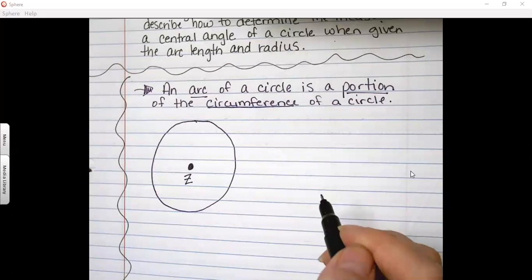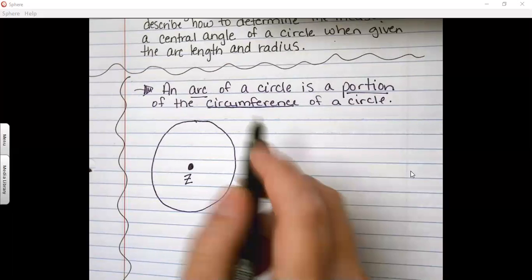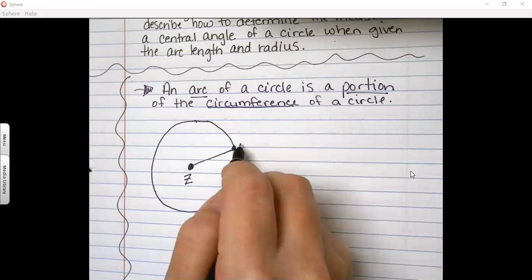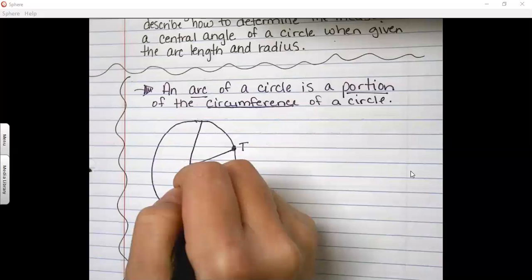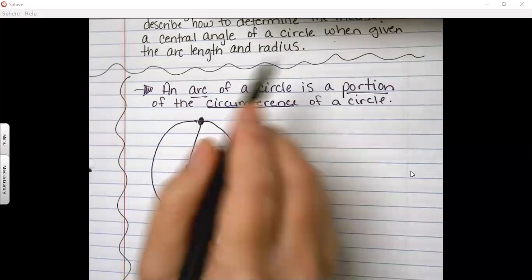And that point where it connects, I'll call that point T. T as in Tom. That is the radius. And then I will draw another radius from Z to a point on my circle. And I'm going to call that point M. M as in Mike.